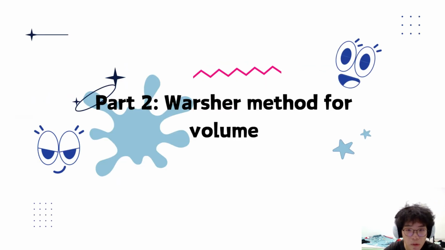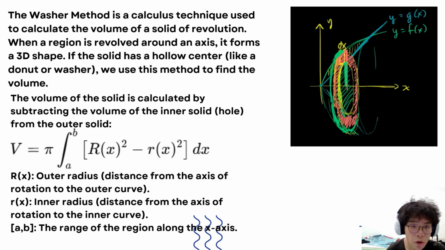Part 2. The Washer method for volume. The Washer method is a calculus technique used to calculate the volume of a solid of revolution.